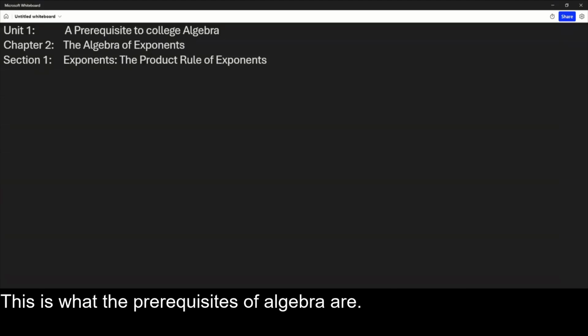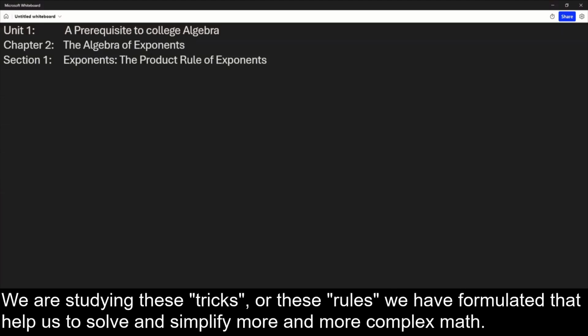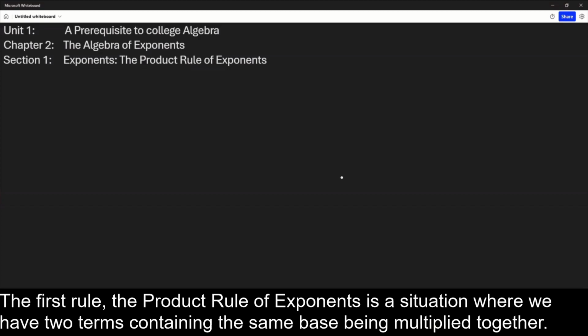This is what the prerequisites of algebra are. We are studying these tricks, or these rules we have formulated, that help us to solve and simplify more and more complex math. The first rule, the product rule of exponents, is a situation where we have two terms containing the same base being multiplied together.